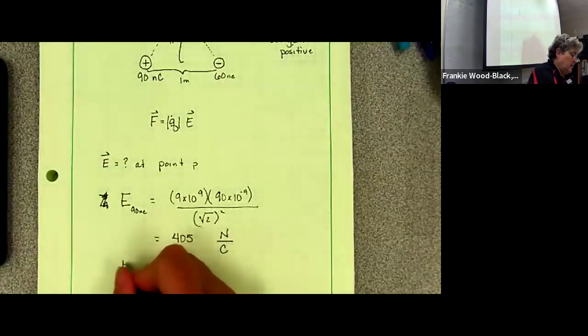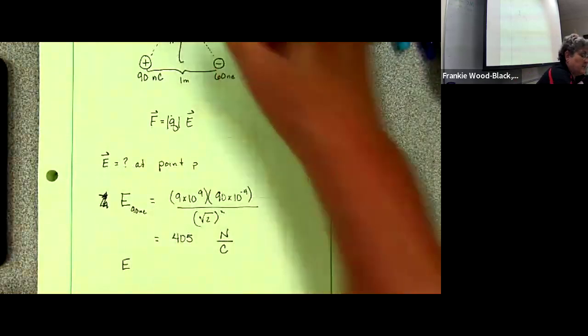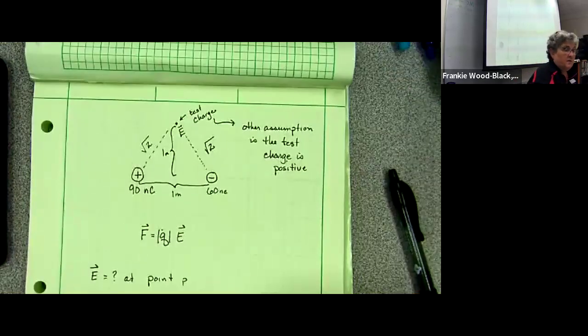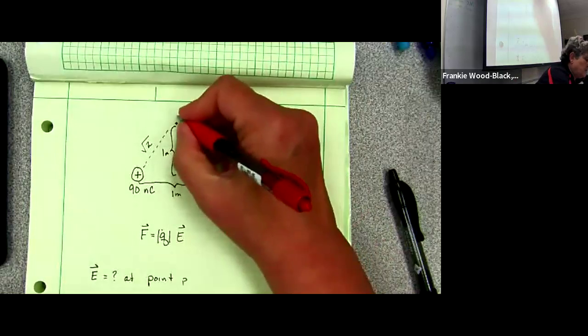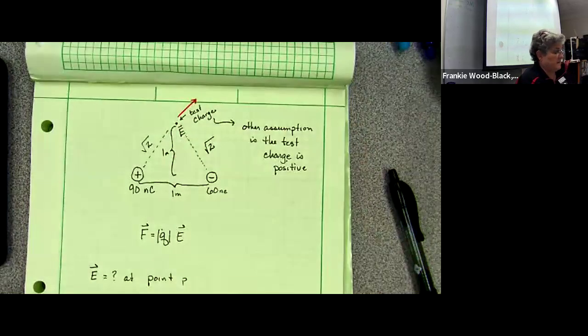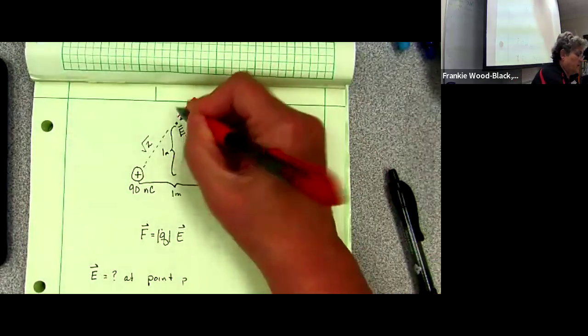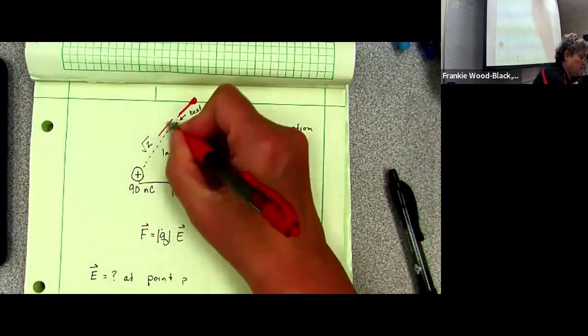If I calculate the E, and that's going to be for the positive charge, so this is going to want to go in this direction. Nope, sorry, I am backwards today. This is going to want to go in this direction.